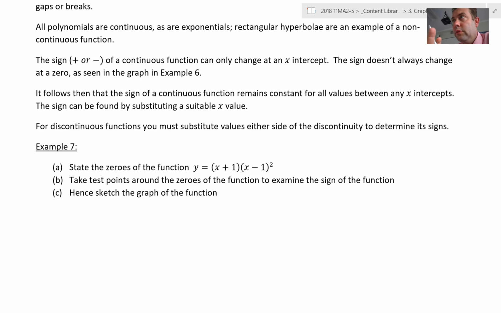If I've got two roots of that equation next to each other, with a gap in between, and it's positive anywhere between those two zeros, it's positive everywhere between them. If it's negative somewhere, it's negative everywhere. It can't go from positive to negative without having a 0, without crossing the x-axis somewhere. So that's helpful. It means we don't have to draw too many points.